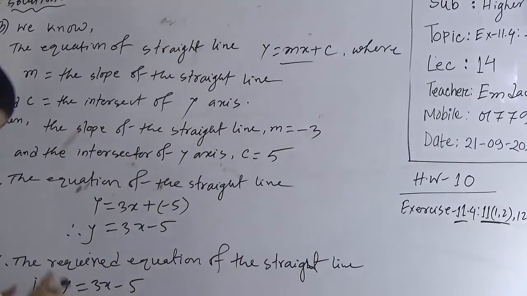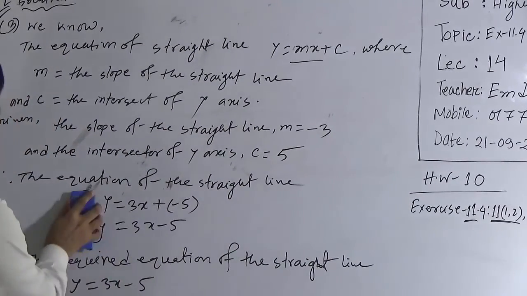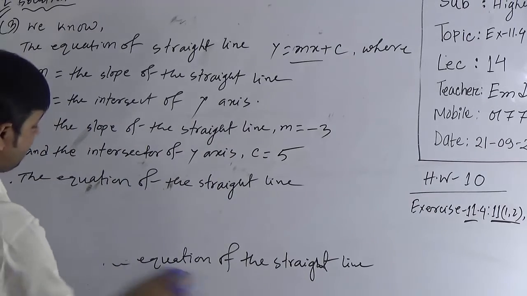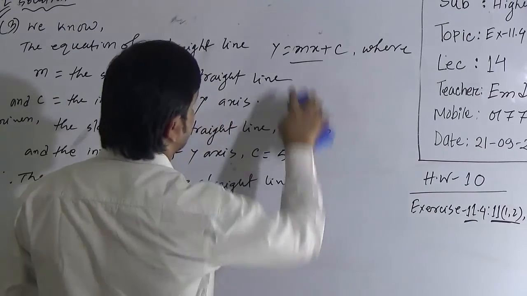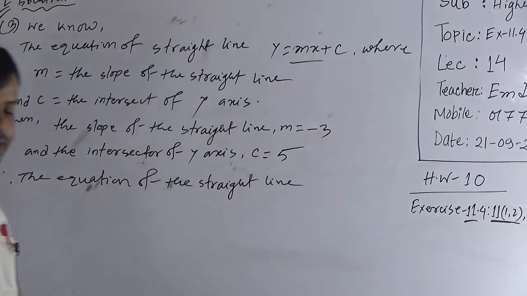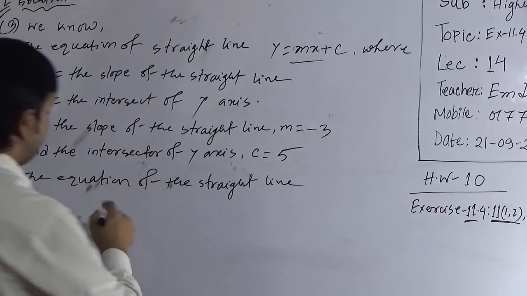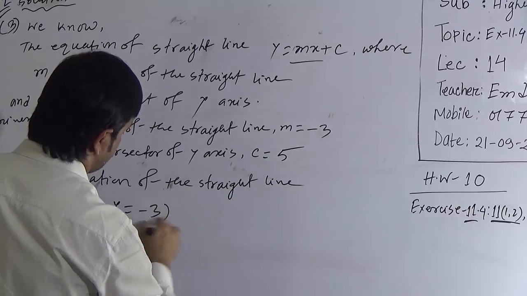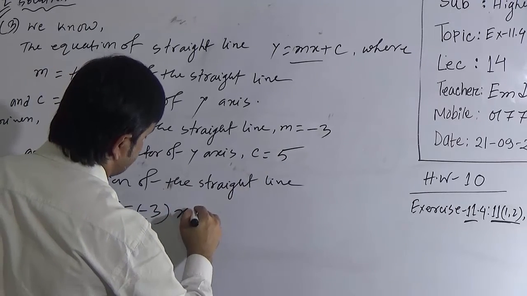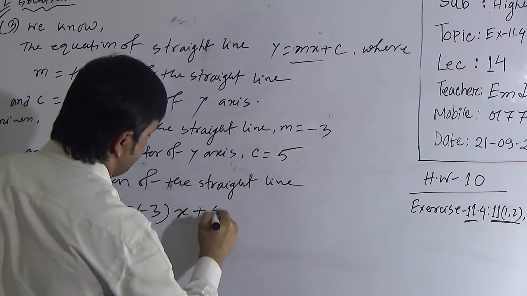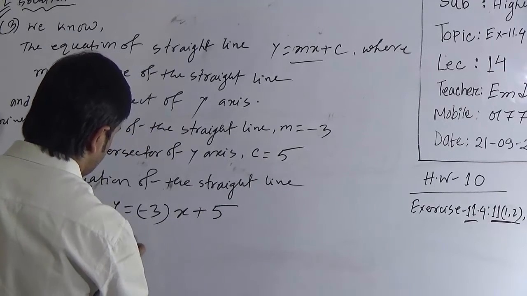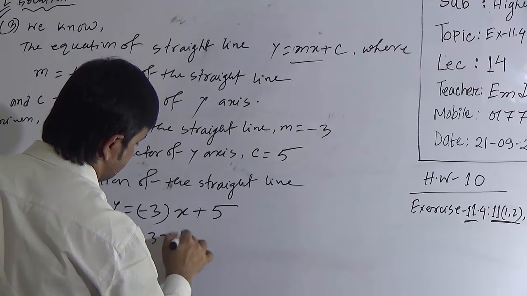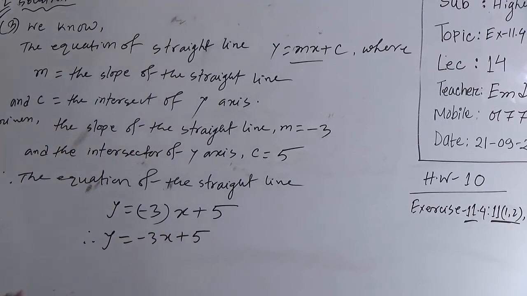Now if we put the value of m and c in equation of straight line y equal to mx plus c, we will get the required equation. That will be y equal to m means minus 3 here into x plus here c means 5. So we can put the value. Therefore y equal to minus 3x plus 5. Dear students, this is the required equation of straight line in case of 12.3.